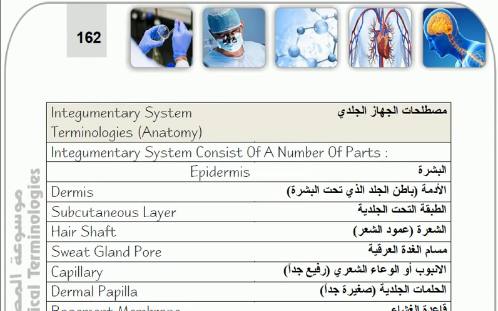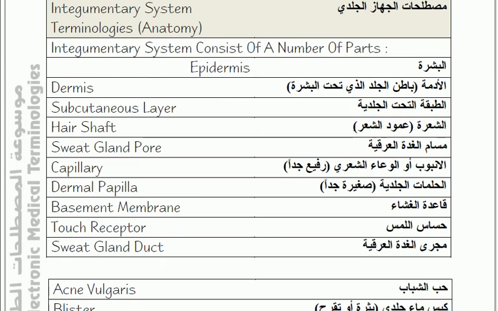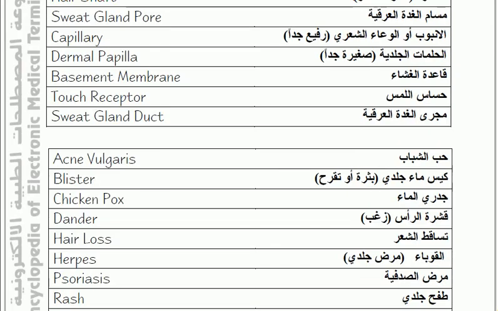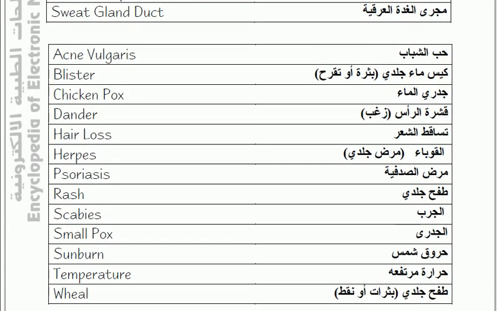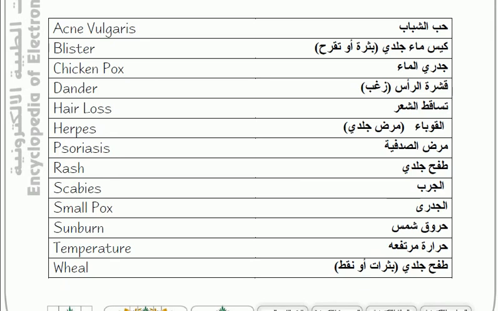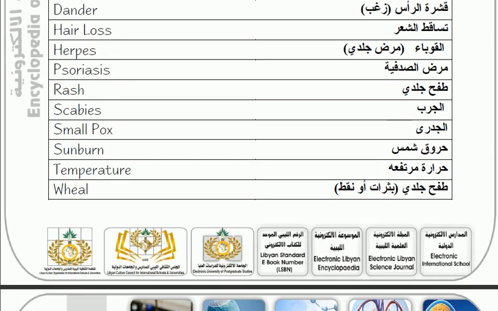The integumentary system consists of a number of parts: epidermis, dermis, subcutaneous layer, hair shaft, sweat gland, pore, capillary, dermal papilla, basement membrane, touch receptor, sweat gland duct, acne vulgaris, blister, chicken pox, dander, hair loss, herpes, psoriasis, rash, scabies, smallpox, sunburn, temperature, wheal.